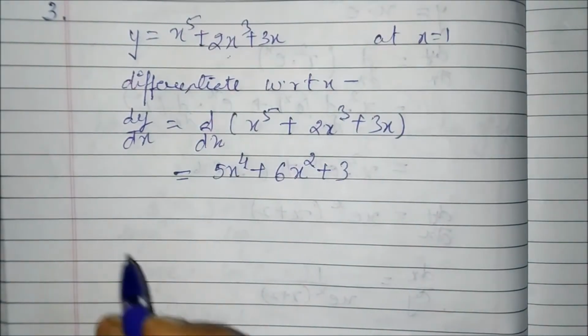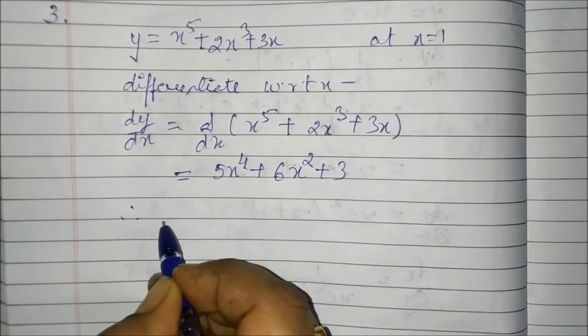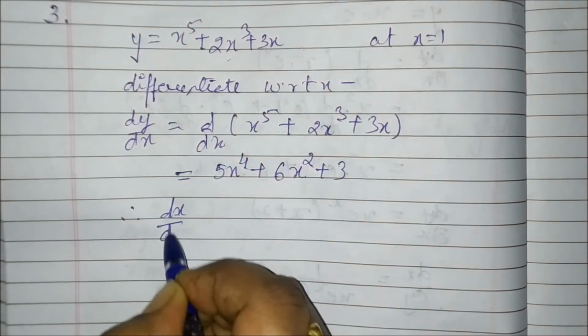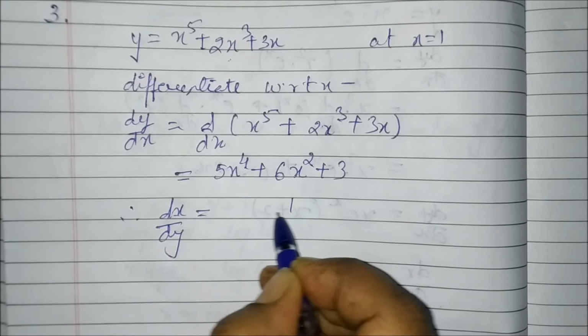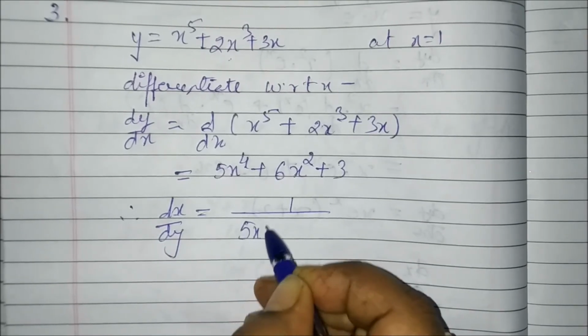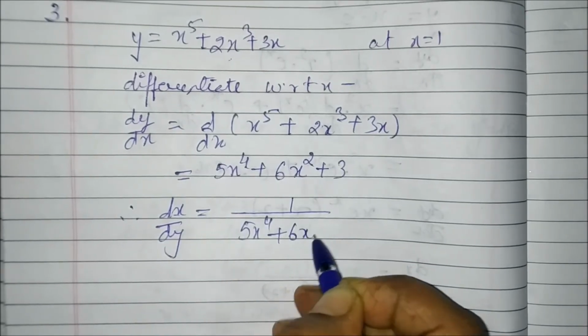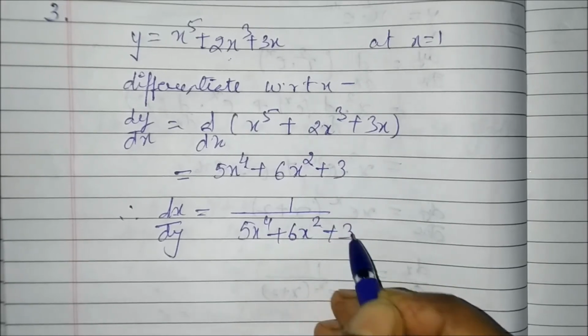Okay. Therefore, dx upon dy equals 1 by 5x raised to 4 plus 6x square plus 3.